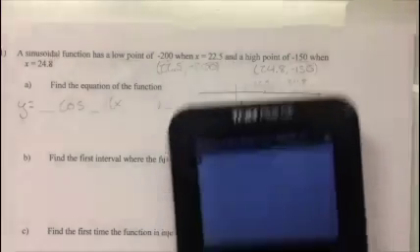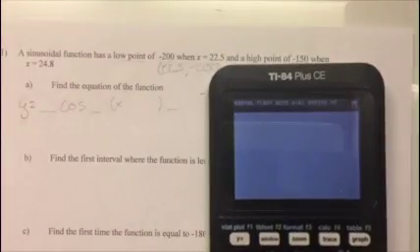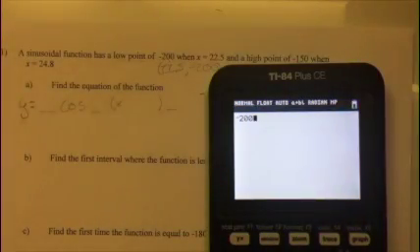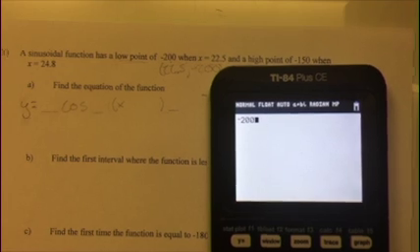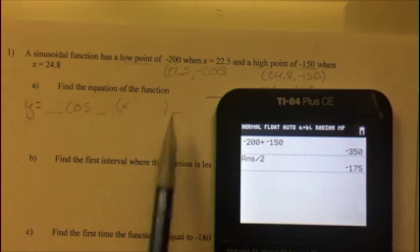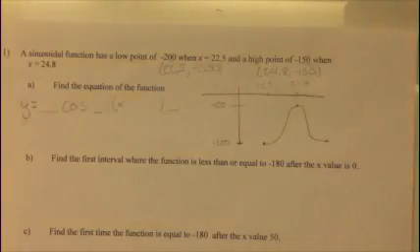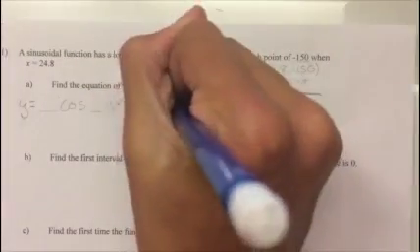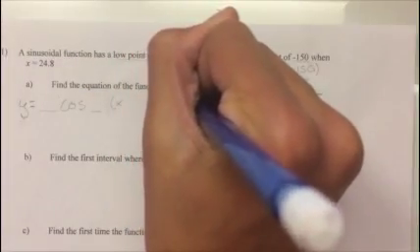So all we have to do is negative 200 plus negative 150, which is the same thing as minus 150, and that gives us negative 350. Divide that by 2, and you get negative 175. So that is what we're going to put as our end term right here, minus 175.